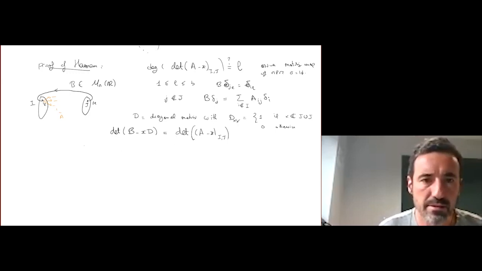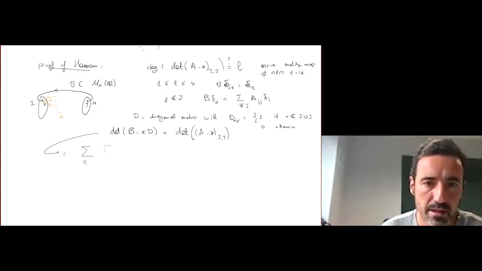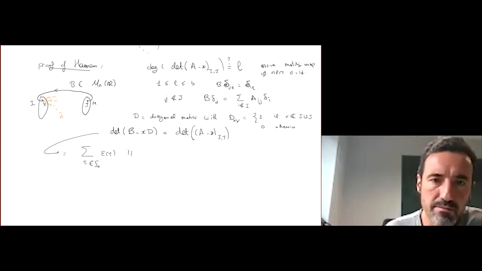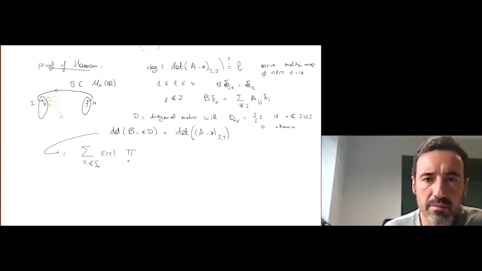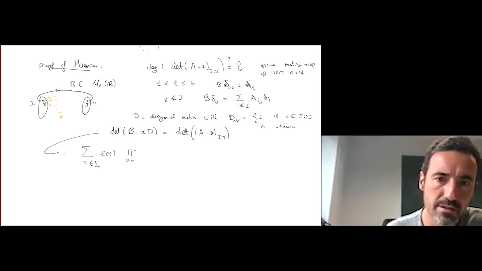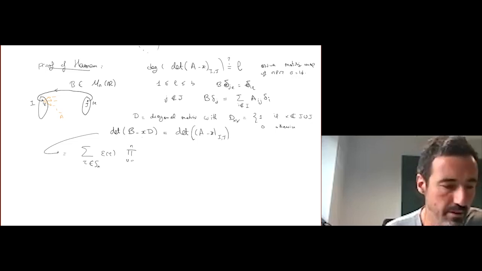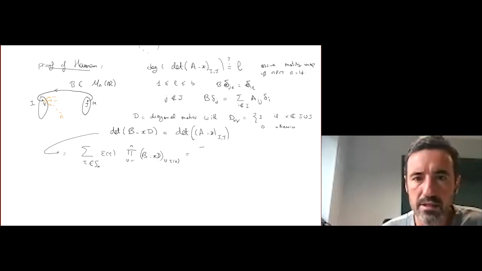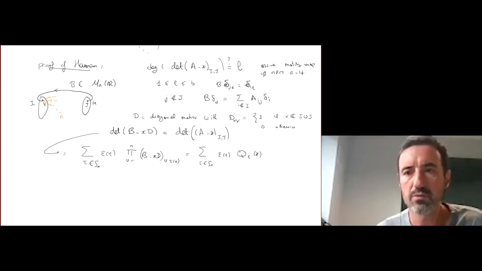Okay, so then you expand and you use the formula of the signature, epsilon of tau, the signature of the permutation: the sum over all permutations in Sn of the product over all X, of, maybe X is not good because X is already the parameter of my polynomial, B of X minus X D of V tau of V. Okay, and so you can write that as a sum over all permutations of the signature of the permutation times some polynomial Q tau of X.